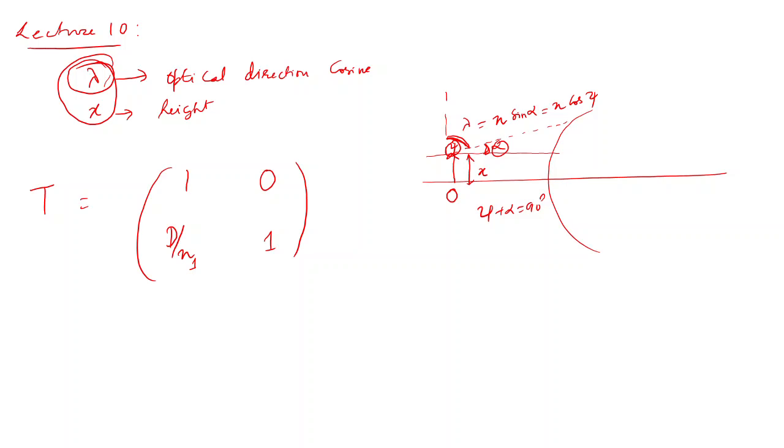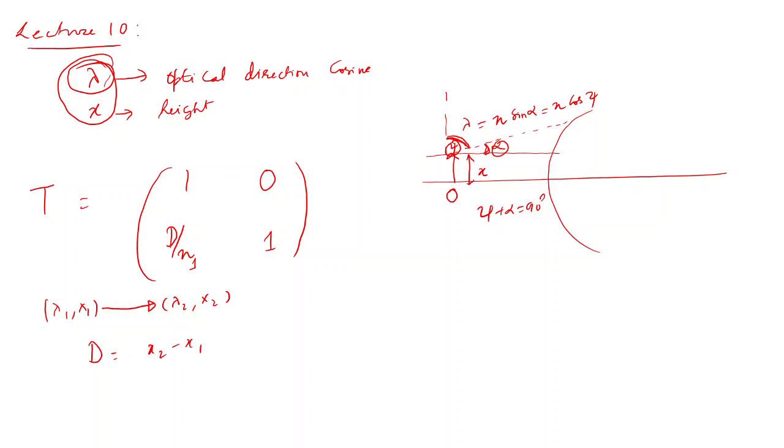If we are going from lambda 1, x1 to lambda 2, x2, from this point to this point, then this distance d is essentially x2 minus x1.